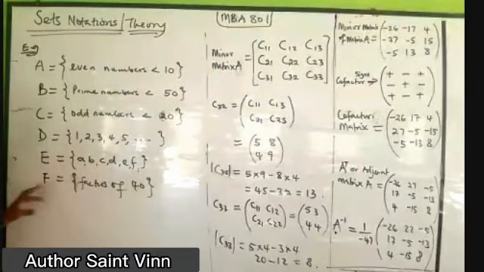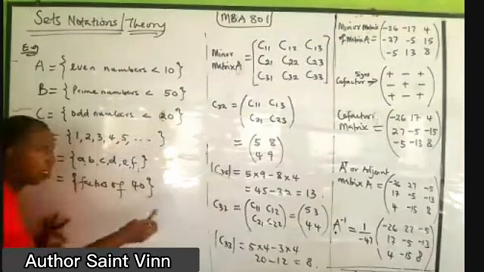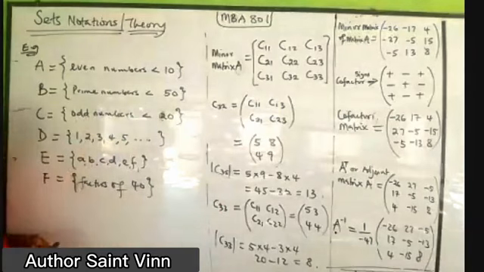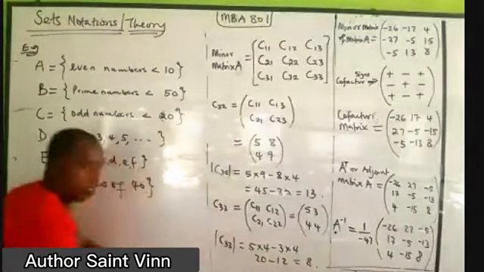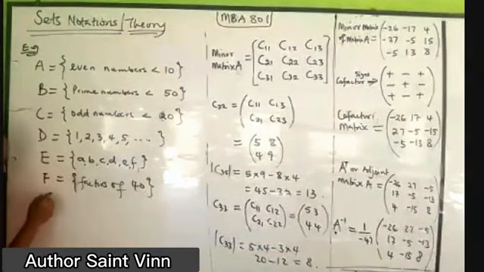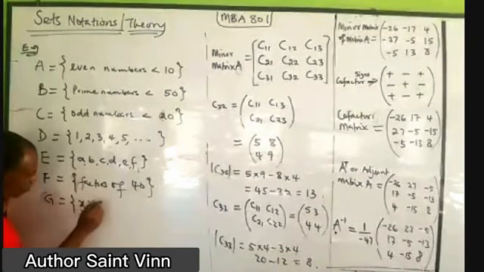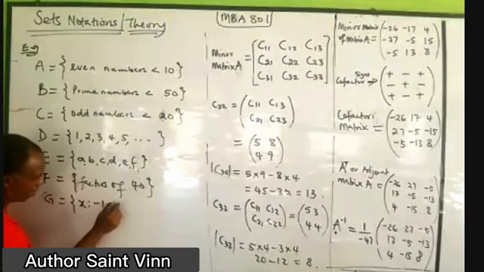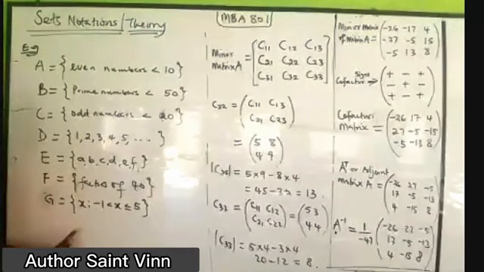But the question is, do you know the definition of the collection? For instance, list all. We must know what is meant by all, to be able to list the elements. Write out G: X such that -1 is less than X, less than or equal to 5. This is an inequality, a symbol of inequality.